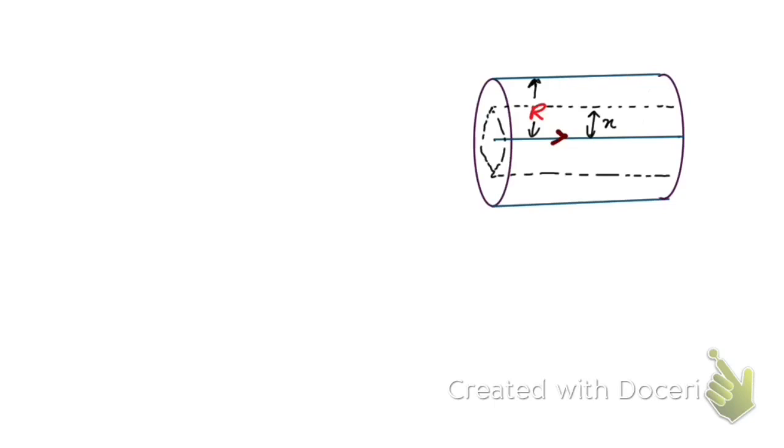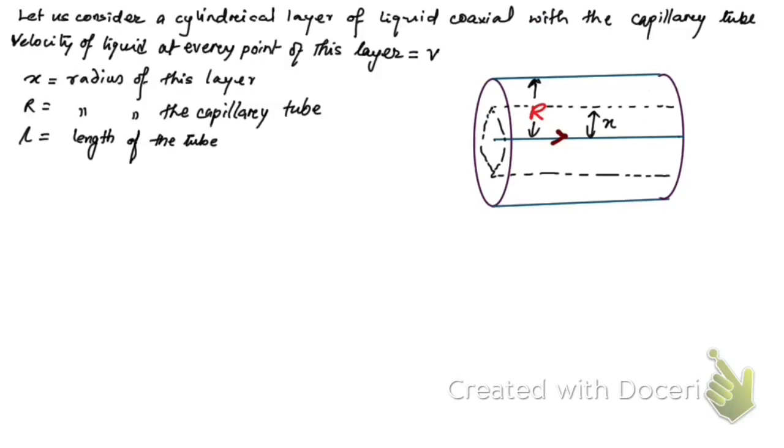So now let me write what I have considered here. I have considered a layer of liquid coaxial with the capillary tube. That means the axis of this capillary and the axis of this layer of liquid, drawn with the dotted line, are the same.